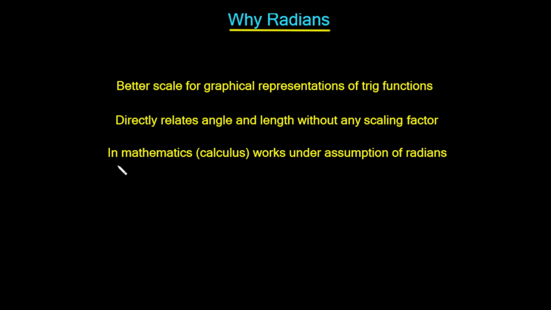Finally, in mathematics, in particular if we look at calculus, it works under the assumption that you're using radians. If you were using degrees, then you would have the factor of 180 upon pi or pi upon 180 within all of your calculations. So it's much easier, much simpler, and much more elegant to always work in radians.